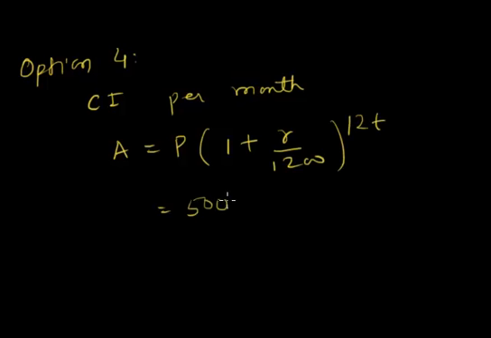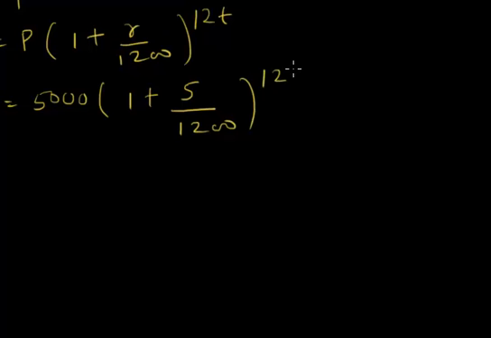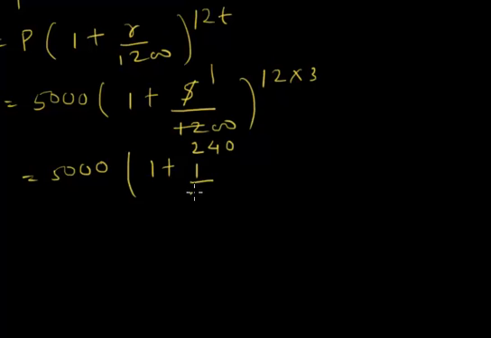P is 5,000, 1 plus 5 over 1200, raised to 12 times 3, 36.